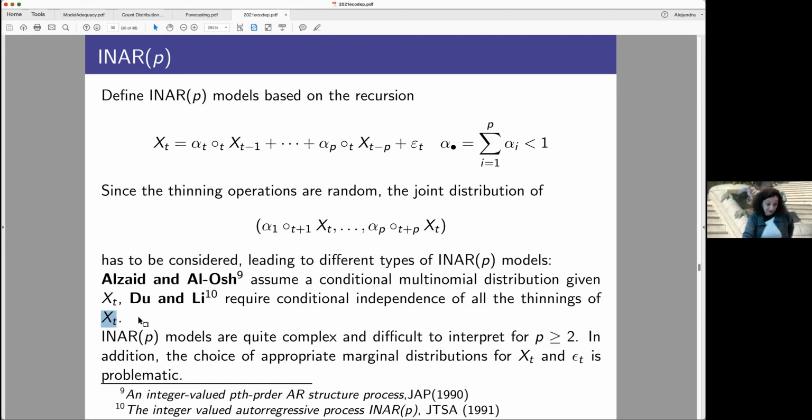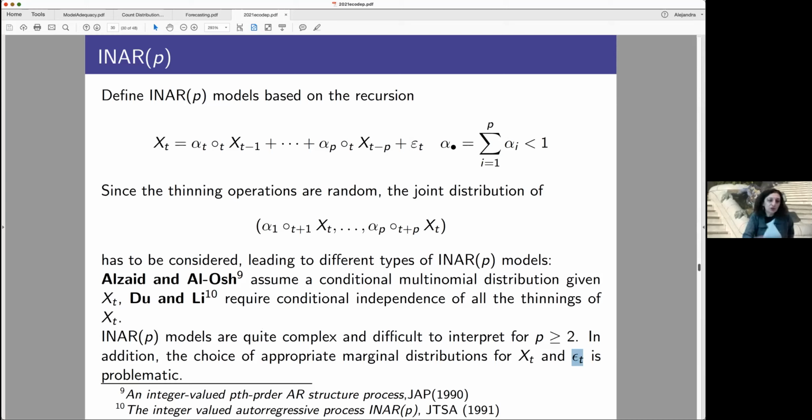The problem is that in any case, the interpretation of INAR models is quite complex, and choosing the marginal distribution for X_t and the noise is again complicated. So it might not be such a good idea to use this.